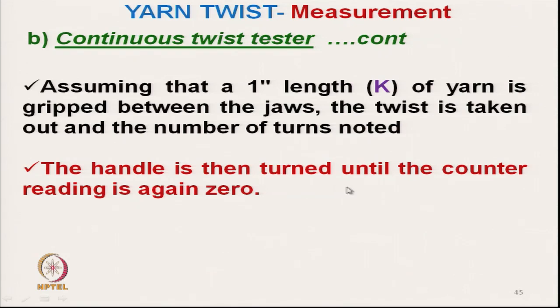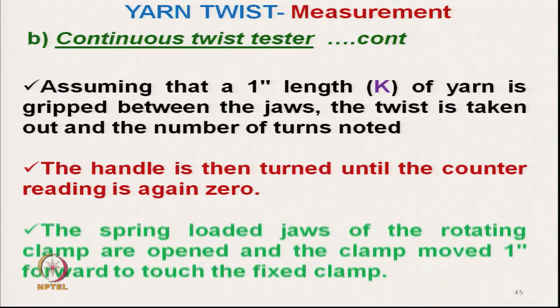The handle is then turned until the counter reading is again 0. Okay. So, after untwisting, we have to bring it to 0 for the next test. The spring loaded jaw of the rotating clamp is opened and this rotating clamp is moved forward to touch the fixed jaw.